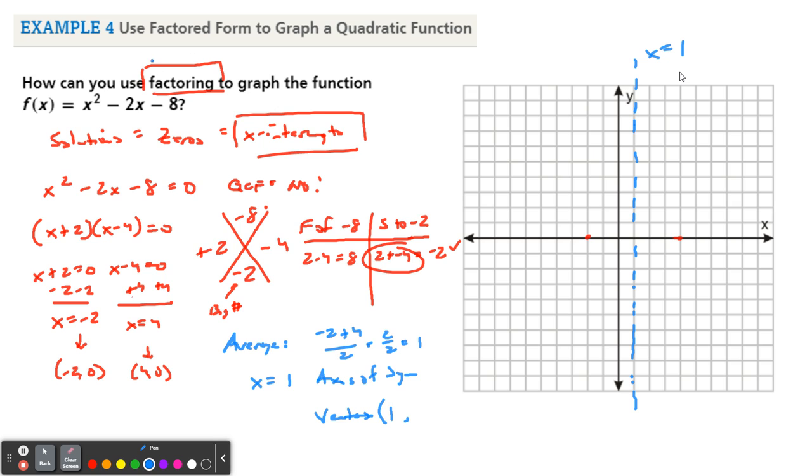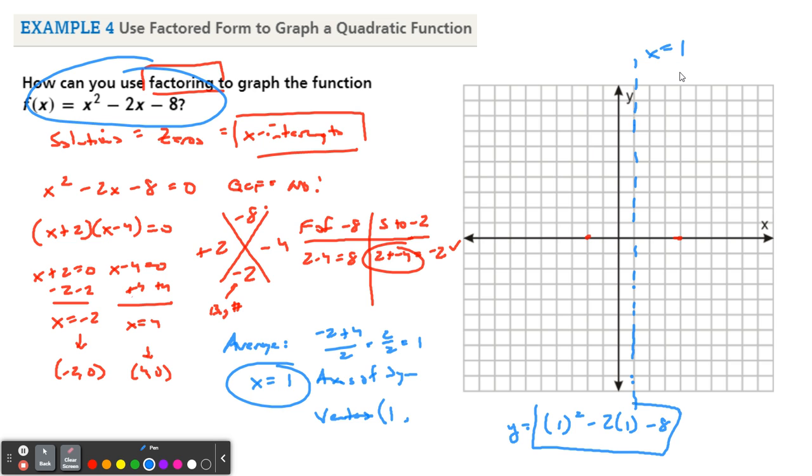And now to find the y, again, how many times I have to tell you? You have a function, you have an x value, plug it in, right? Y equals 1 squared minus 2 times 1 minus 8. And again, you just plug this into Desmos to get that y value. That is going to be -9. So your vertex is at 1, -9.